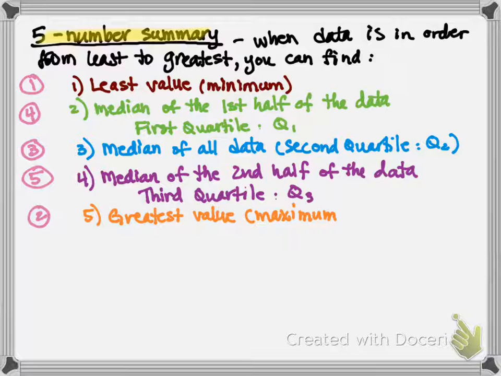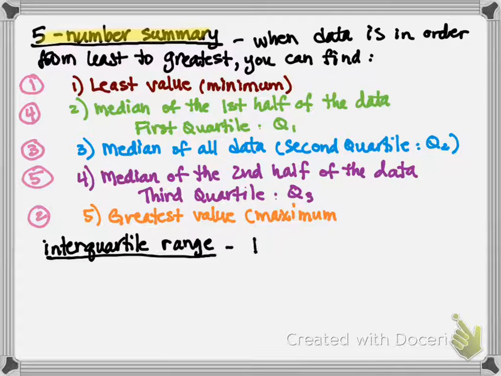Now, what some people do investigate is the distance from quartile 1 to quartile 3, which is called the interquartile range. Inter means between, quartile means quarters, and range is the difference.